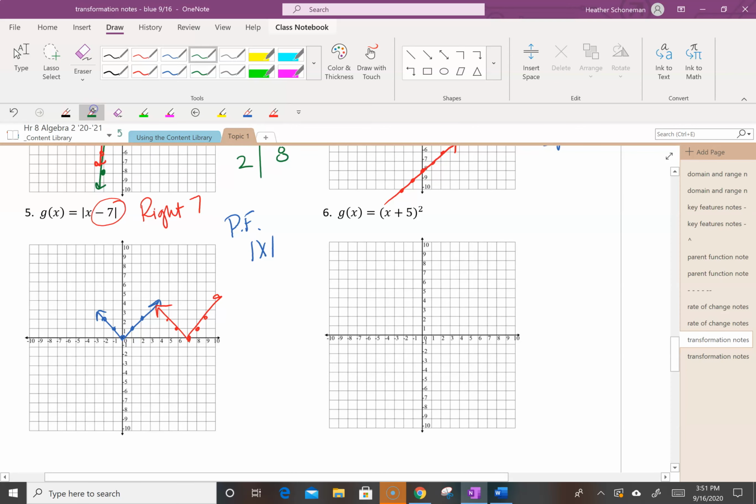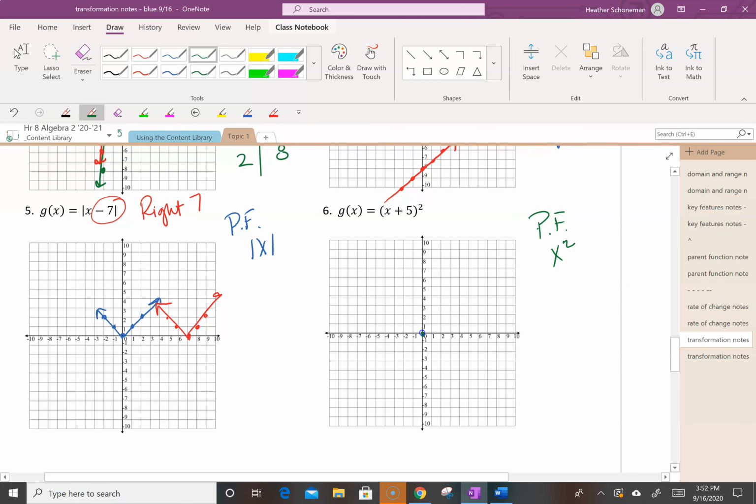Okay, let's do the same thing on the next one. The parent function this most closely resembles is the quadratic one, x squared. Those points were already figured out on question number 2, so refer to that table if you need it. The quadratic one is the parabola. So let's graph our parabola. Remember, the parabola is the U. It's curved. Okay?